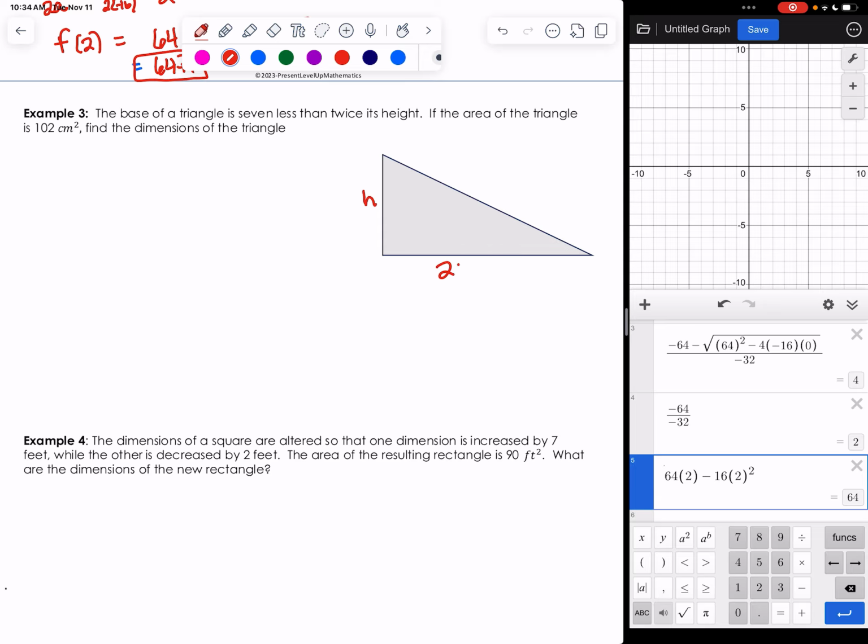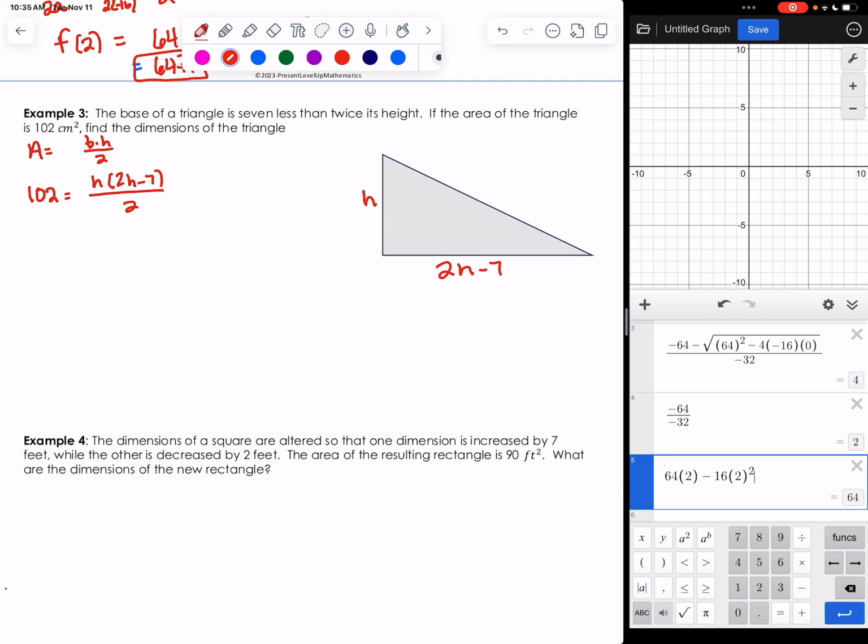So that would be 2h minus 7. Now, the formula for the area of a triangle is base times height divided by 2. So in this problem, we know the area is 102. And then we have h times 2h minus 7 divided by 2.